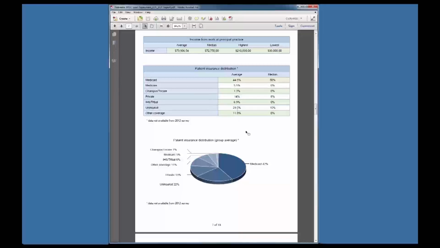And for those of you who are eagle eyes, this pie chart was meant to present data here in the average column. But what you'll see, it says Medicaid here 42%, here it said 44.5%. Here it said insured 22%, here it said 23.5%.